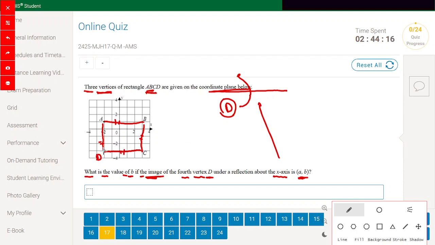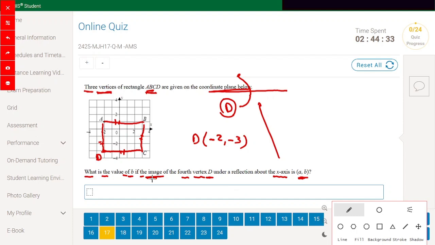So now, the coordinates of this point D is (-2, -3). Okay, so this is (-2, -3).